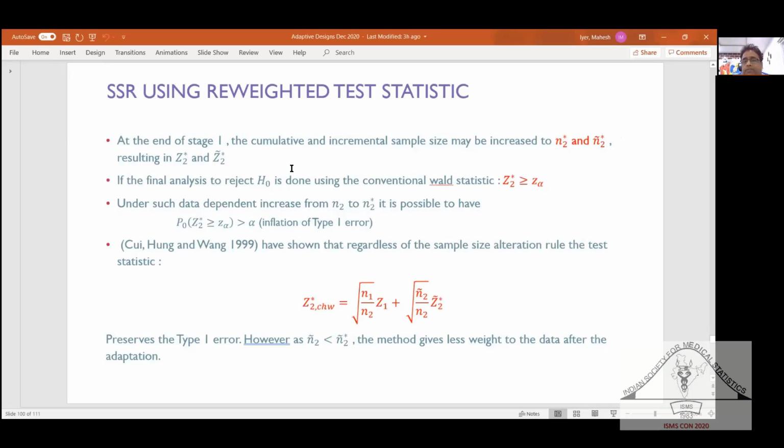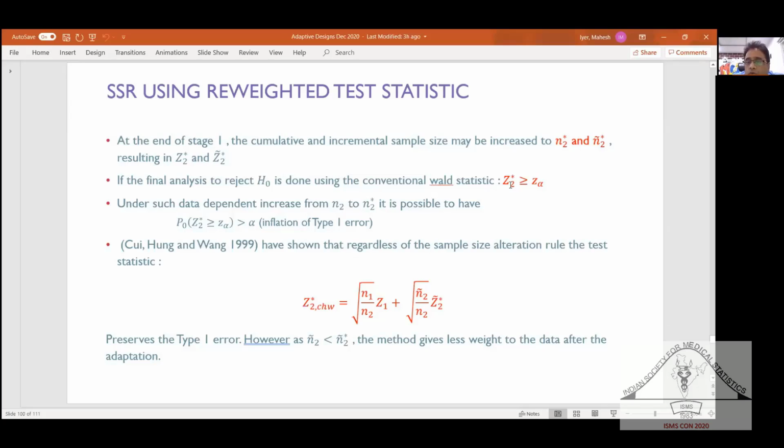The problem happens because, based on what you're seeing at the interim, instead of N2 you change it to N2 star, and the incremental now becomes N2 tilde star. So instead of the 250 patients you started off with as total N2, now you're saying your total N2 is 300. Your incremental after looking at the first 100 now becomes 200 instead of 150. So now it gives you two new test statistics, Z2 star and Z2 tilde star.